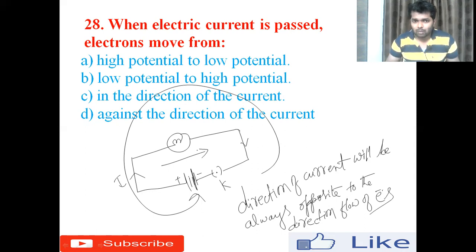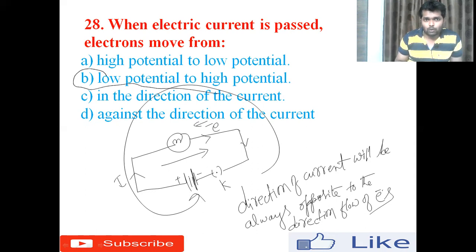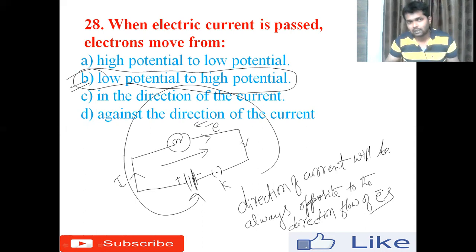So remember, current will flow from positive to negative terminal and electrons will flow from negative to positive terminal. So remember, the right answer for this question is that electrons move from low potential to high potential. So the right answer for this question is option B.